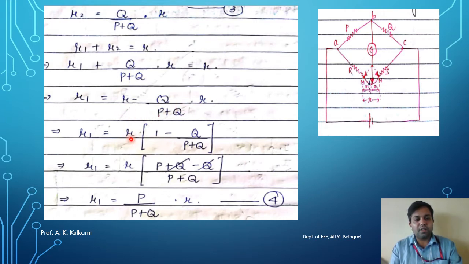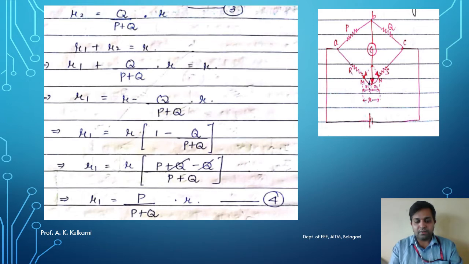If I take small r as common, what are we going to get? 1 minus Q divided by P plus Q. Now take P plus Q as an LCM over here. So P plus Q minus Q divided by P plus Q. So these two Q will get cancelled. So what are we going to get? r1 is equal to P divided by P plus Q into r. So let us consider this as equation number 4.